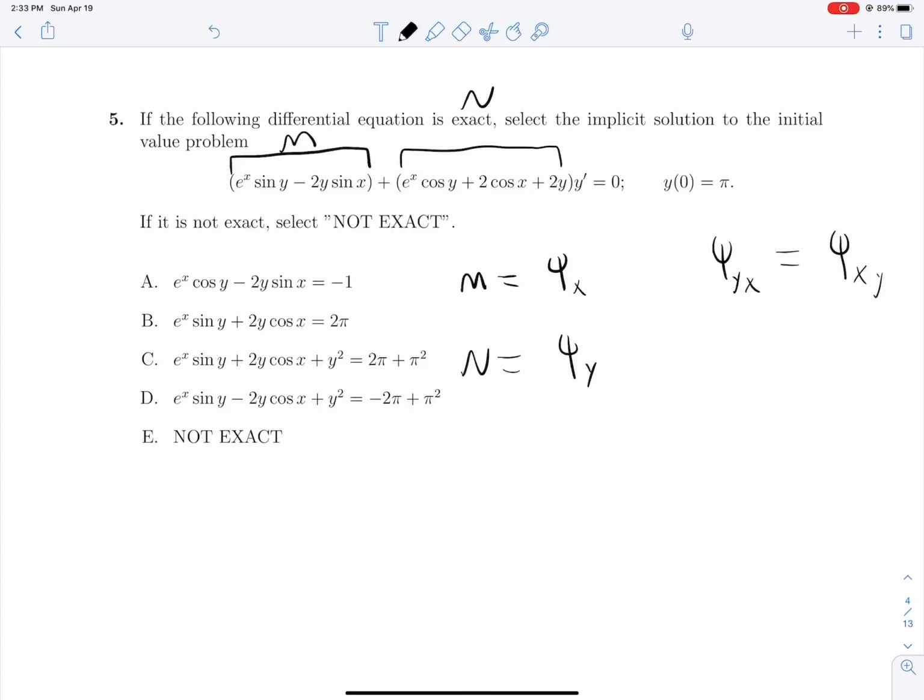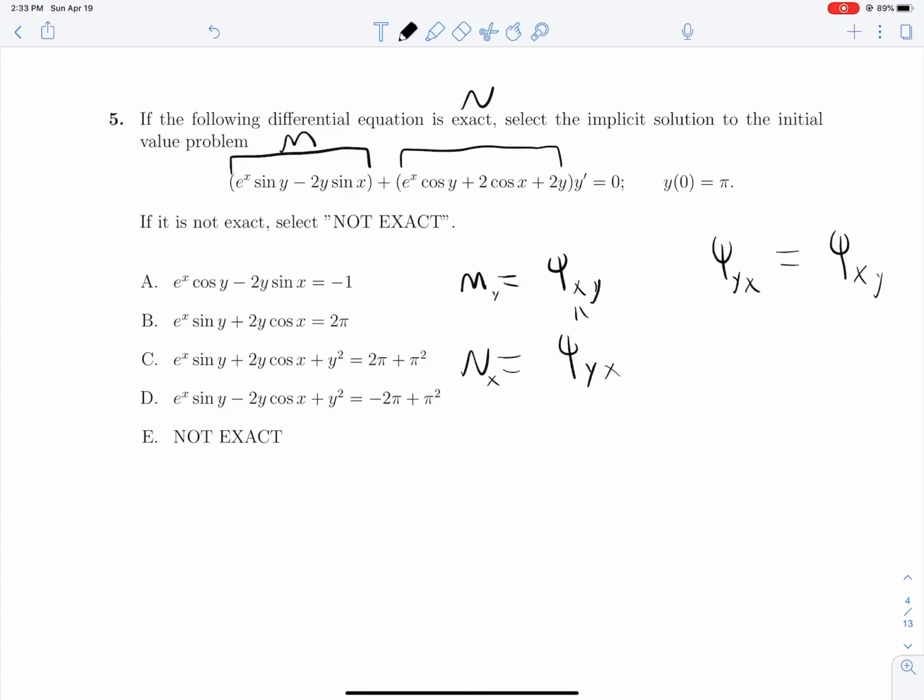As a result, if this is an exact equation, we should be able to take the partial derivative of M with respect to y and set it equal to the partial derivative of N with respect to x. And that relation should be true. And if it is, we can just do two relatively easy integrals and end up with a pretty easy answer.